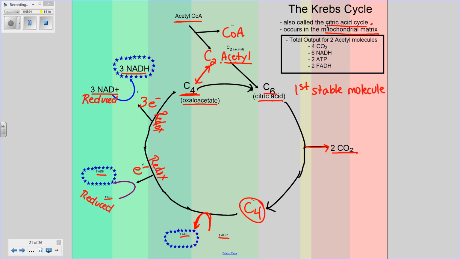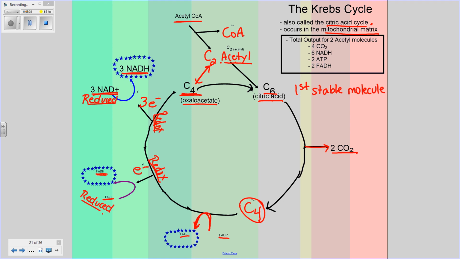Create a little bit of ATP, do two different redox reactions where we yank out electrons from our C4, which means it's oxidized, and we're going to give them to FAD+ and NAD+, which means they're going to be reduced, and that gives us some FADH and NADH, storage molecules for that energy. We've regenerated our C4, and now all we need to do is do it again.